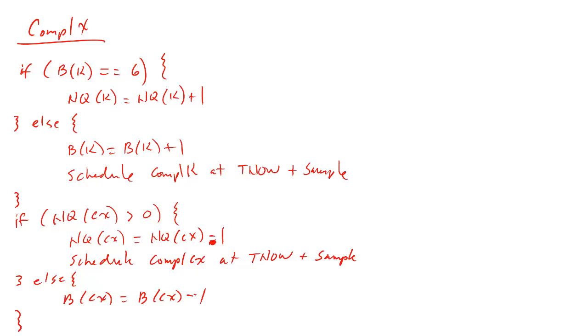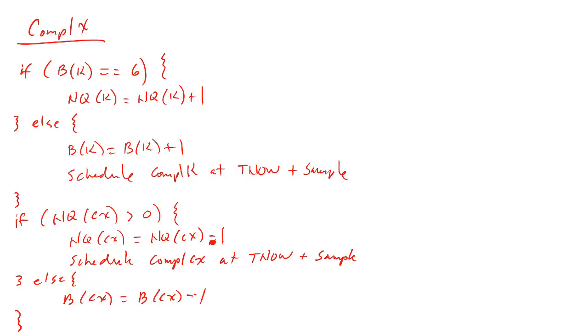Then we look back in the line at the corresponding cashier, and if that queue is greater than 0, meaning there are customers in the queue, we grab the first one by decrementing the queue length, and we schedule the corresponding completion event. Otherwise, meaning there are no customers in the queue, we decrement the busy state of the corresponding cashier.